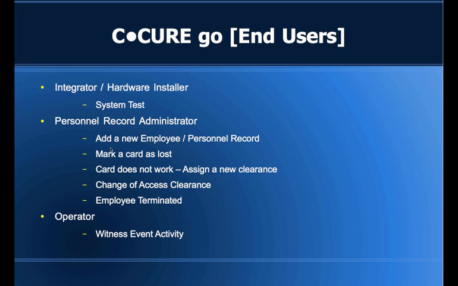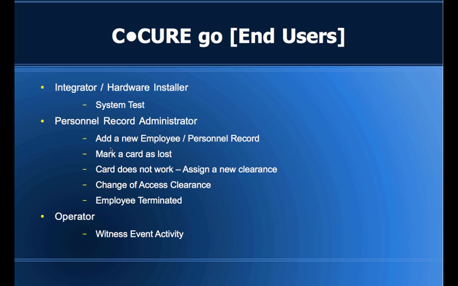Using Secure Go, it would require one individual using the monitor functionality to troubleshoot and resolve the problem at the hardware location. Secondly, the personnel record administrator using Secure Go can perform many of the same tasks that are done using the administration station today, such as adding a new person, capturing a portrait, marking a card as lost, change clearances, and terminating a person.